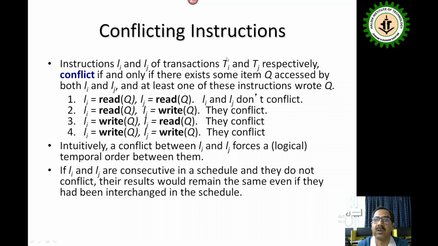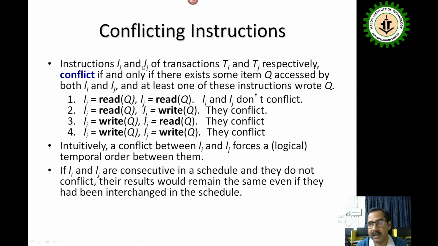That means we consider two transactions Ti and Tj, with Ti having the instruction Ii and Tj having the instruction Ij.